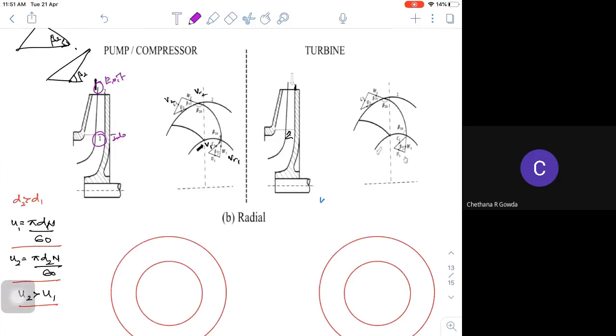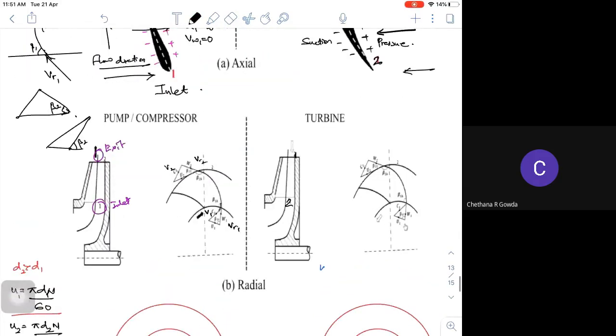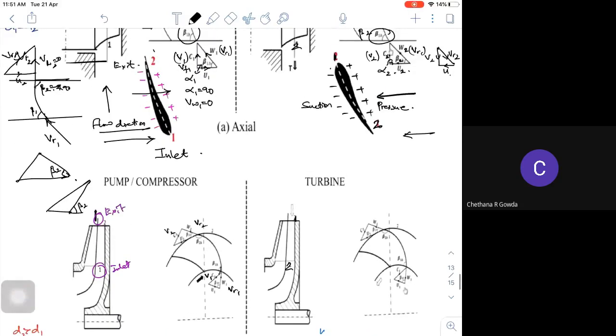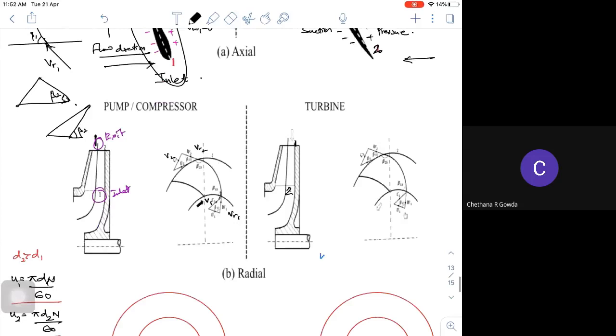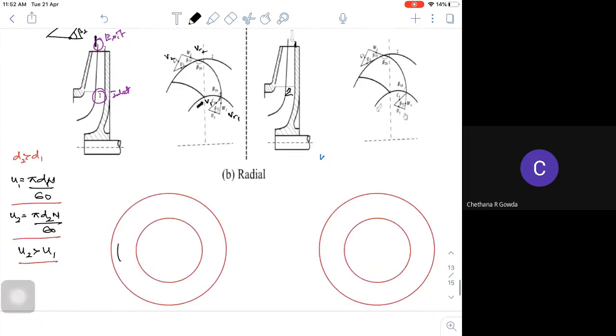If I try to place the same profile like this, the profile is very similar to this profile. Then the direction of rotation for a pump or compressor is this one, and for a turbine this one. This goes by the same rule. The dark arrow is for a pump or a compressor.